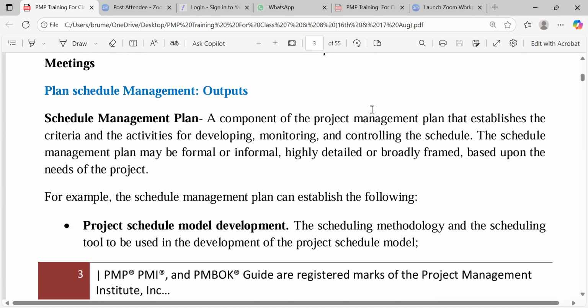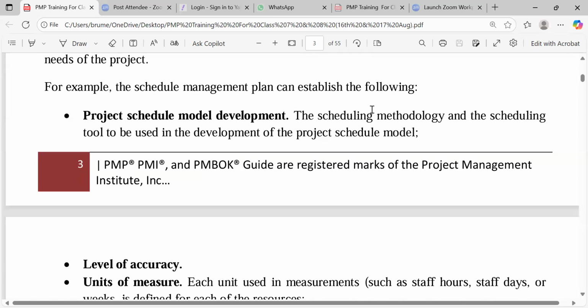So what are the things we want to see in that plan? We want to see the project schedule model development. That is about the methodology and the scheduling tool that is to be used. There are lots of scheduling tools, but the king of them all is the Primavera as it is today, subject to being contested.